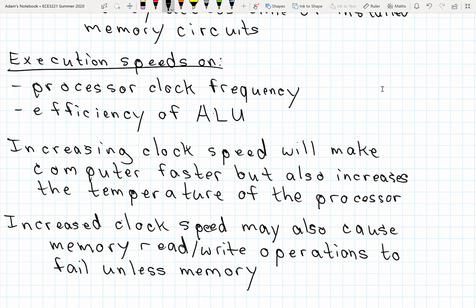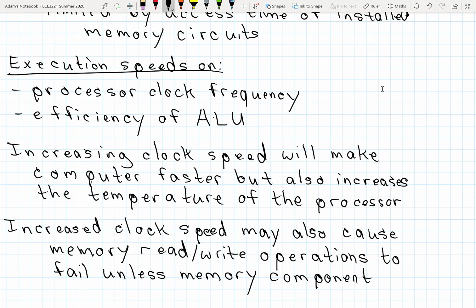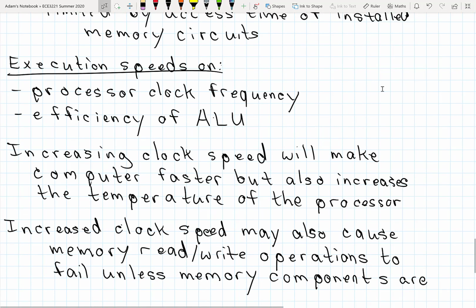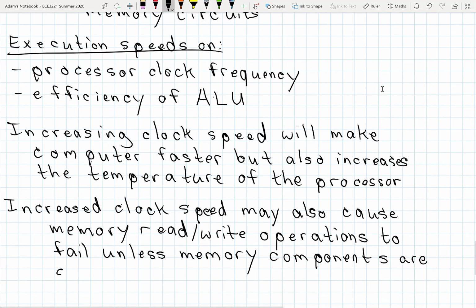Remember in one of the lectures we talked about the setup time, the write time, and the hold time that's required when writing to memory devices. So these read and write operations can fail unless the components are sufficiently fast.